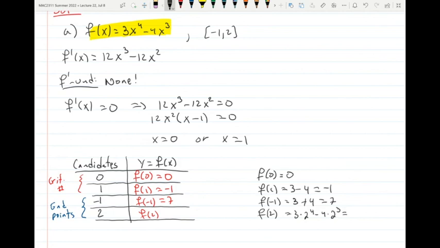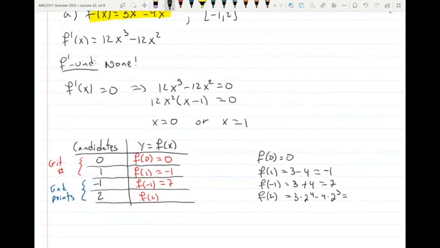So 2 to the 4 is 16, and 3 times 16 is 48, minus 2 cubed is 8, and 8 times 4 is 32. So 48 minus 32 is 16. So this is equal to 16.